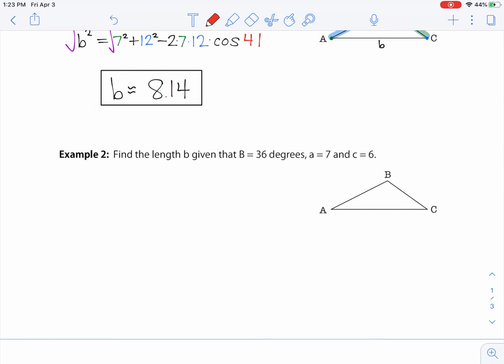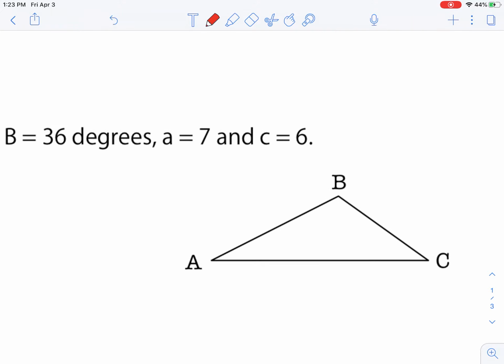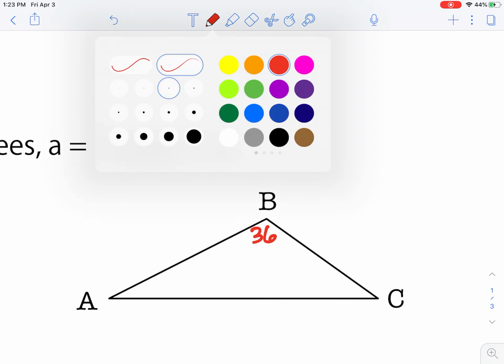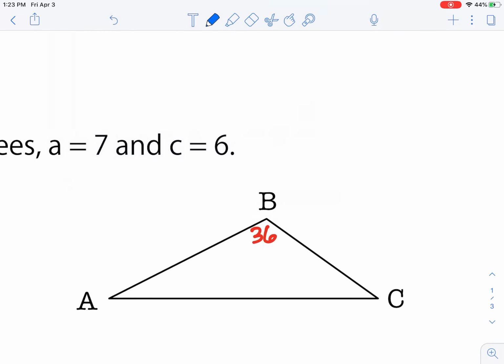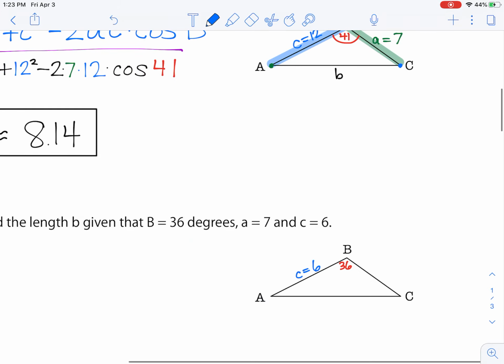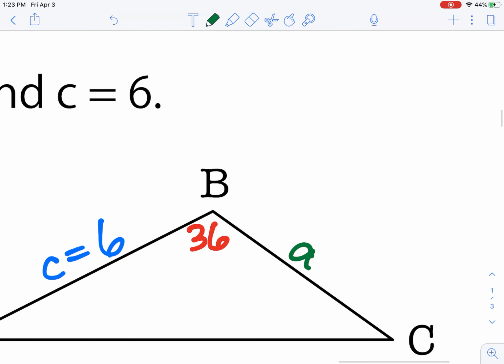So again, we're going to label our parts. I'm going to try and keep my colors the same. We know that angle B is 36 degrees. We know that side C is 6. We know that side A is 7.